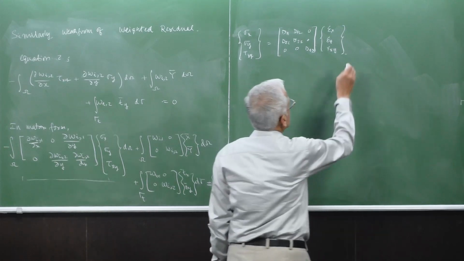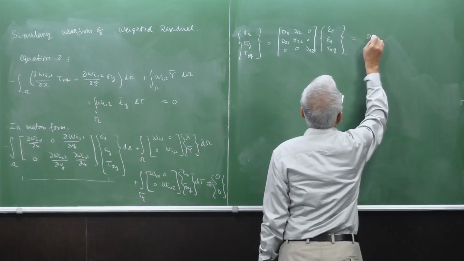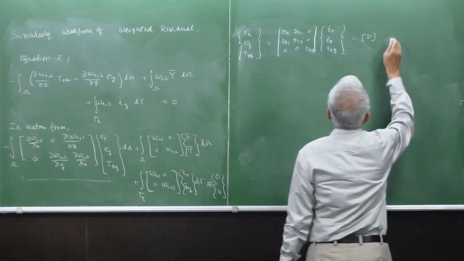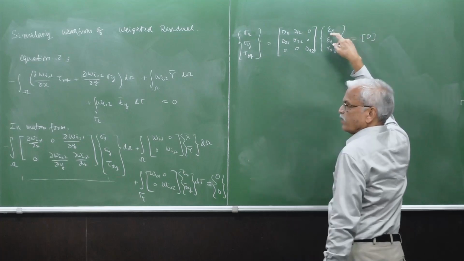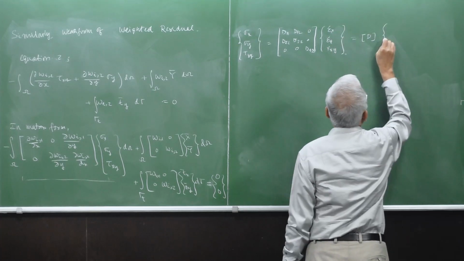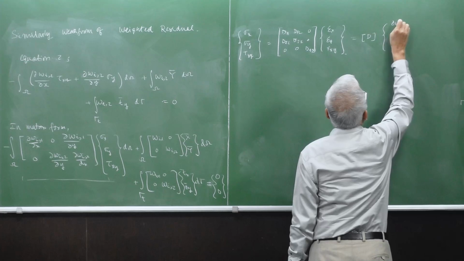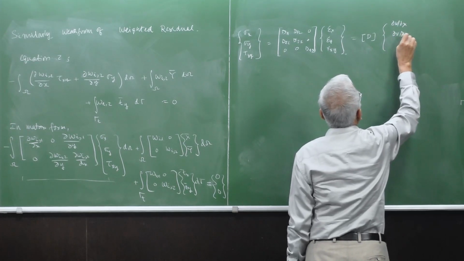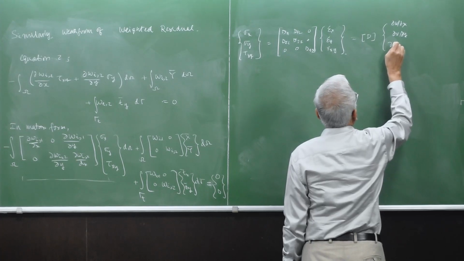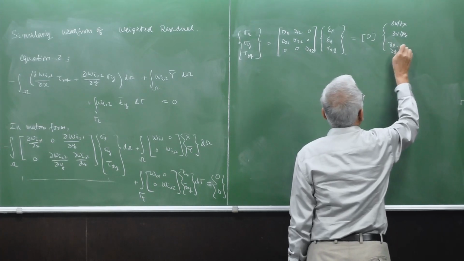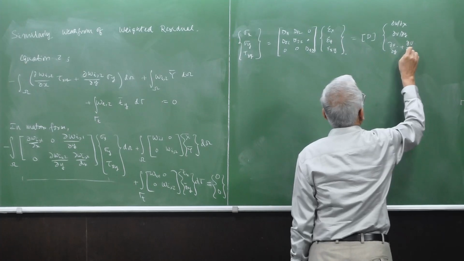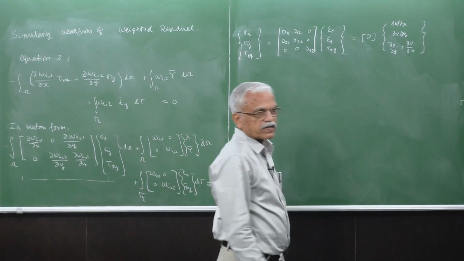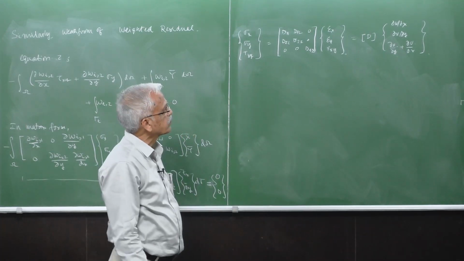Okay, so this we'll write as D times epsilon x, epsilon y, and so on. So this is nothing but dou u by dou x, dou v by dou y, dou u by dou y plus dou v by dou x. So everything we'll try to put in terms of u and v.